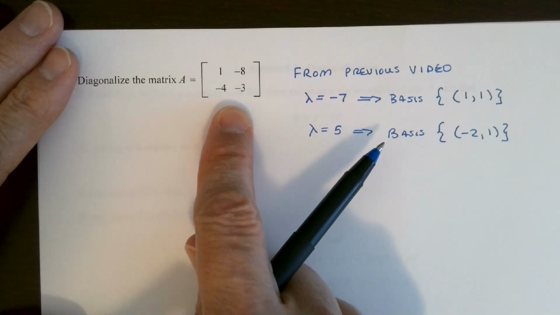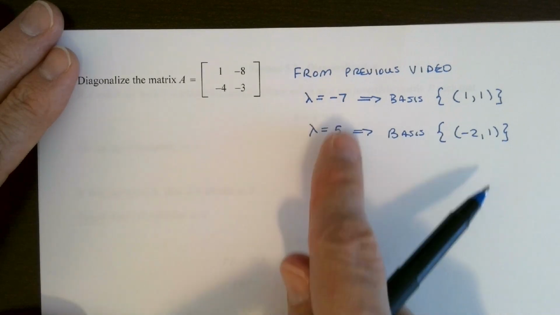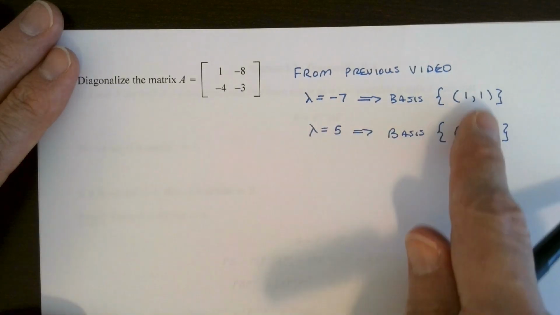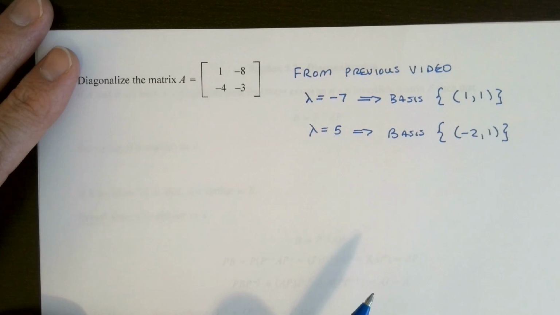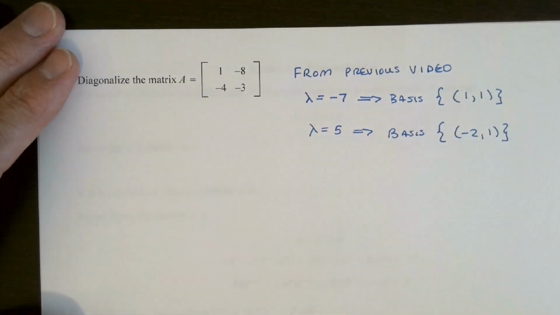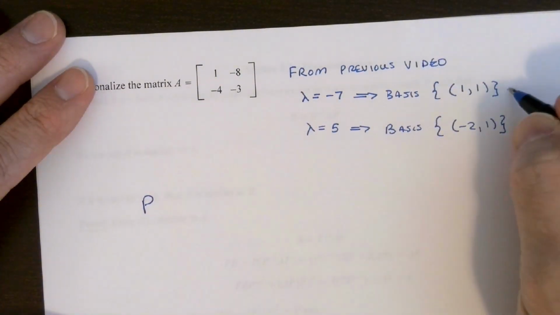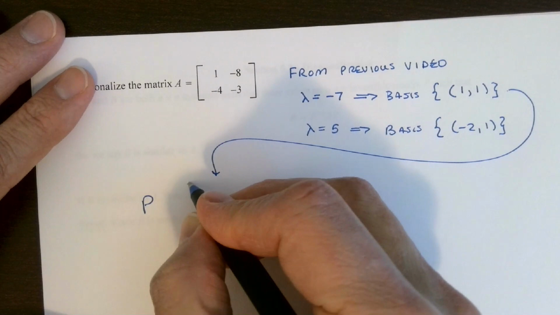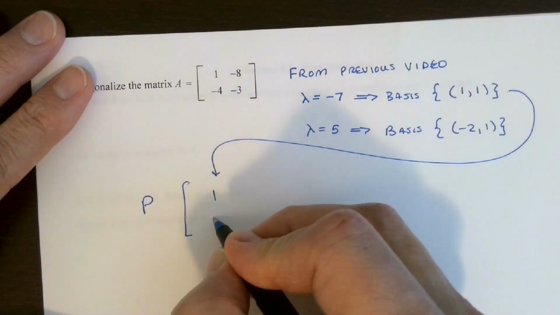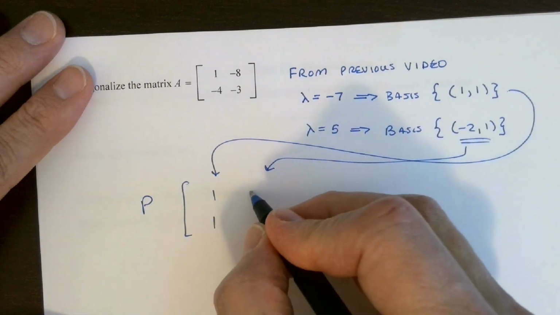So this matrix is diagonalizable because it's 2 by 2 and has two distinct eigenvalues and, of course, two corresponding basis eigenvectors, if you will. So we can find the matrix P by sliding in this vector here, (1, 1), and that vector there, (-2, 1).